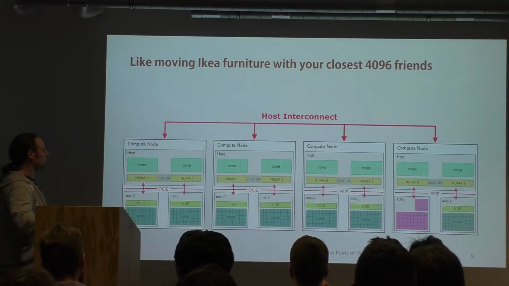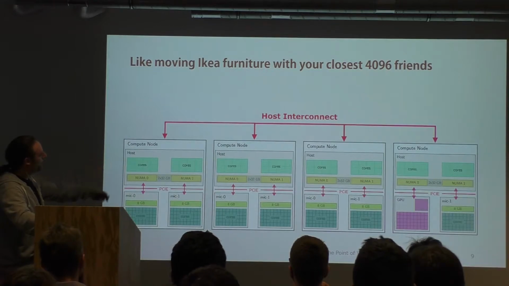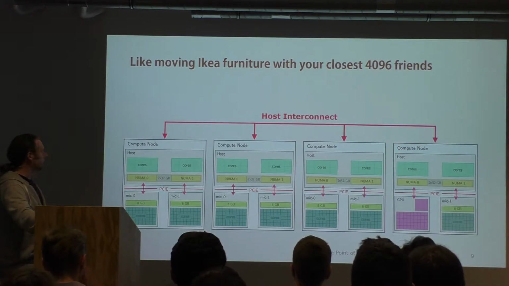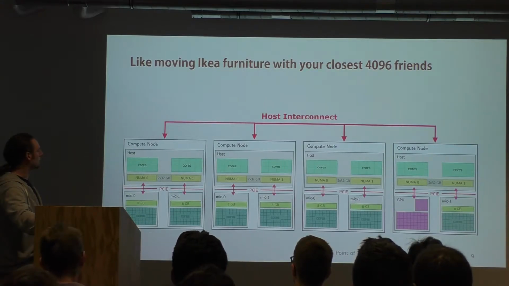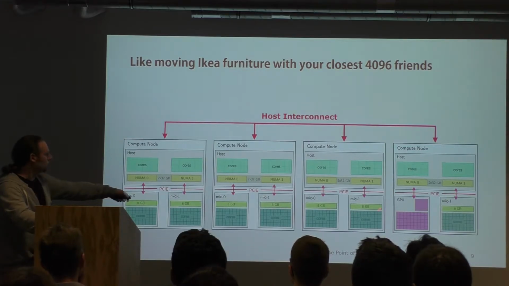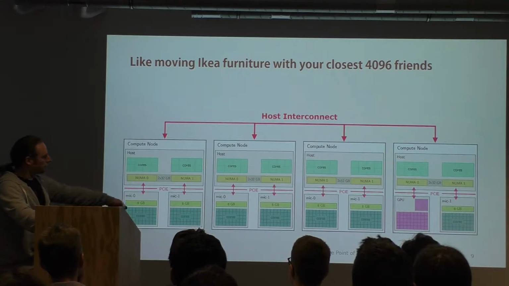And this gets worse and worse. If you have a really deep hierarchy and it's heterogeneous, that is to say, in this case, we have 4 CPU architectures, consider this as like a huge flat, and you want to move IKEA furniture from this room to this room, and from this room to this room at the same time.